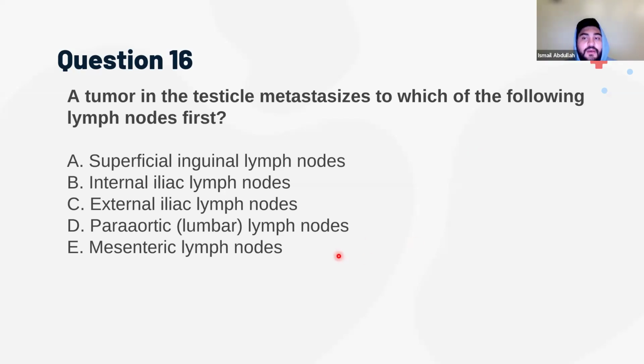So it's going to be the para-aortic lymph node, since it just follows the artery pathway. So it's going to be drained into the renal veins, like the renal arteries and so on. So the para-aortic lymph node is the correct answer.